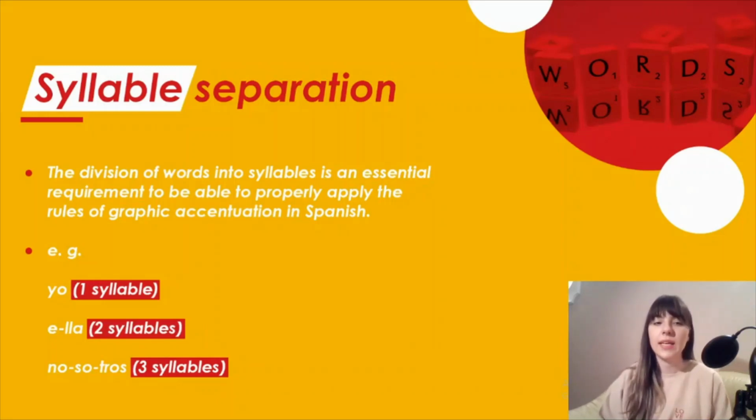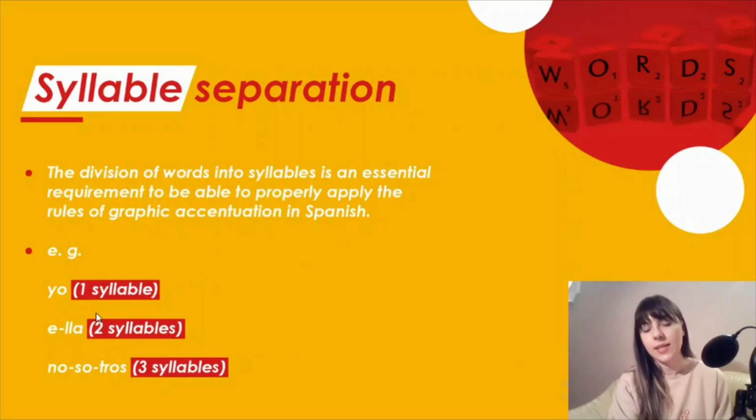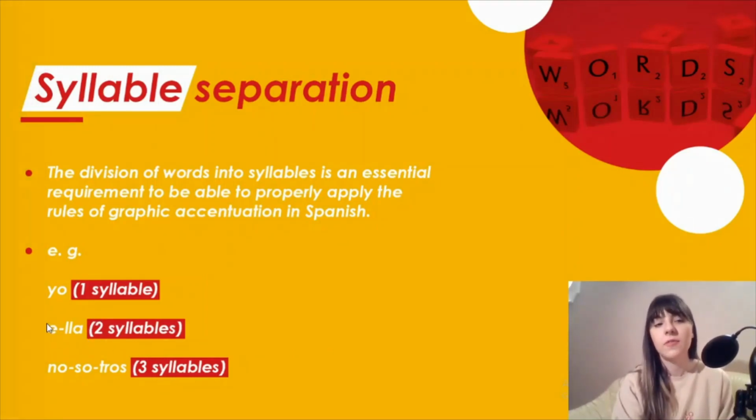The first one is yo, and it has only one syllable, so it has one consonant and one vowel. The second example is ella, so it has two syllables. The first one is made up of just one vowel, which is e, and the second one is made of a digraph, double L, and a vowel a.